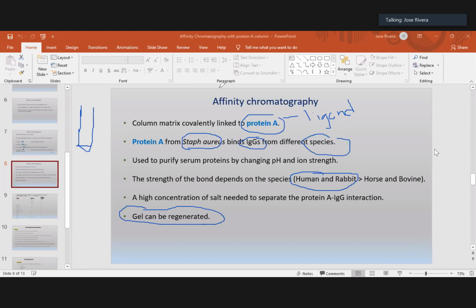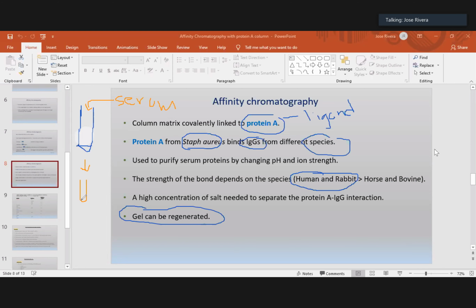And these beads already had the protein A inside here. So all we had to do is add the serum, the animal serums, and then we collect different fractions using test tubes.